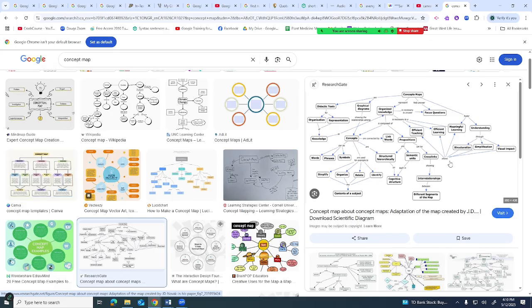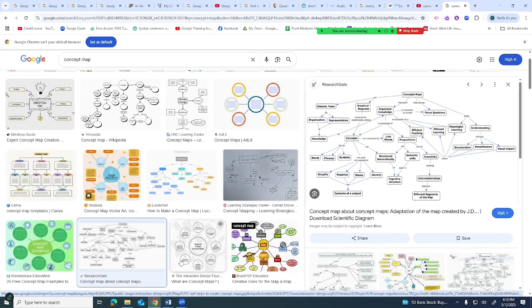And in the long run, when we are writing an essay, for instance, we can start to focus in on subject areas here that seem to be central to other ideas and concepts in the mind map itself.